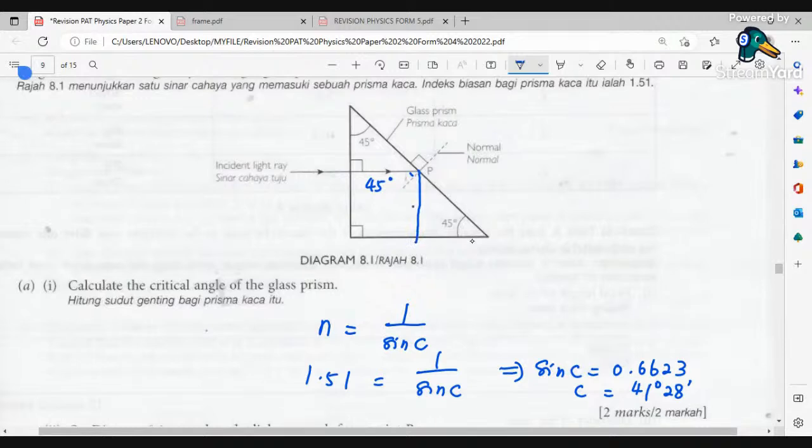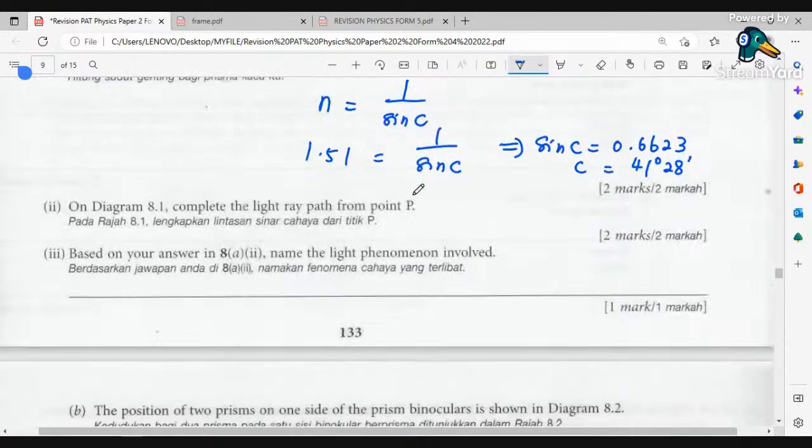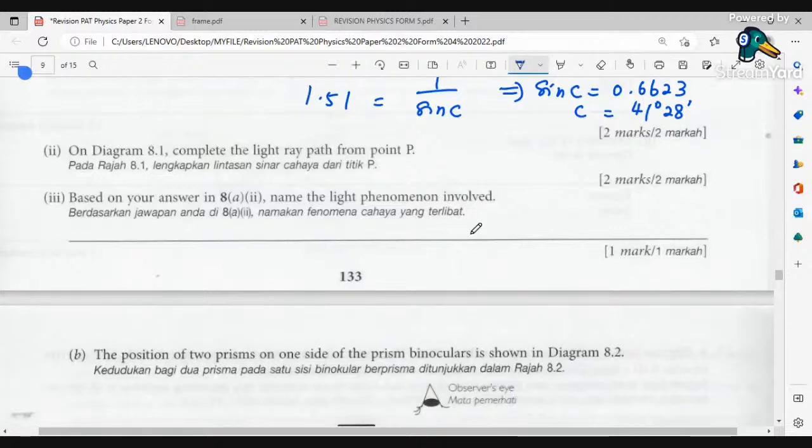So it will go down here, total internal reflection. Okay, angle here also 45. Okay, straight line, draw using ruler. Based on your answer, name light phenomenon, total internal reflection.